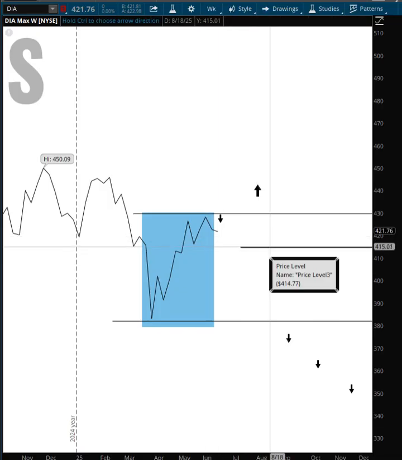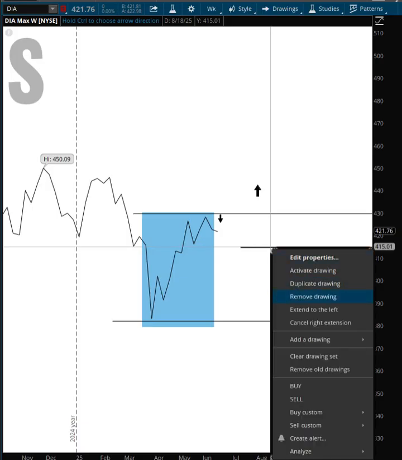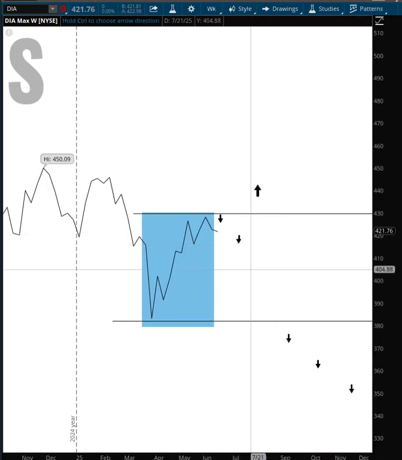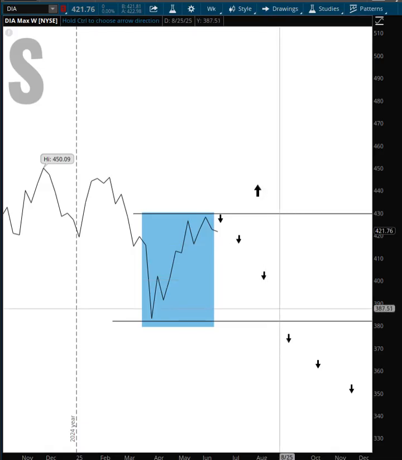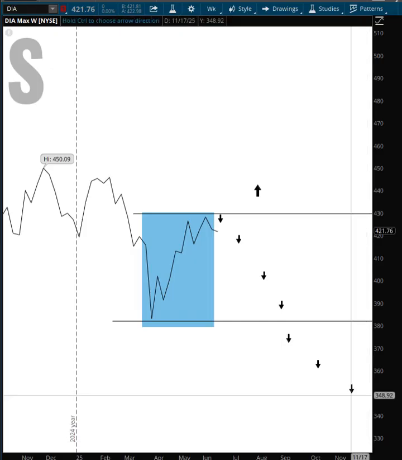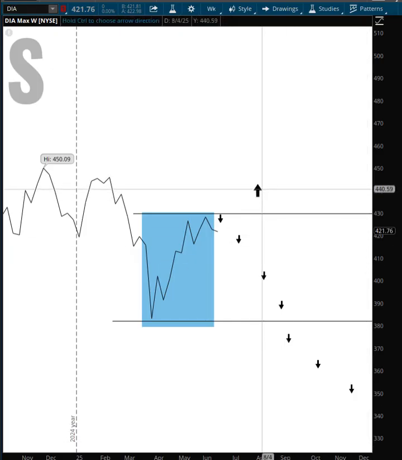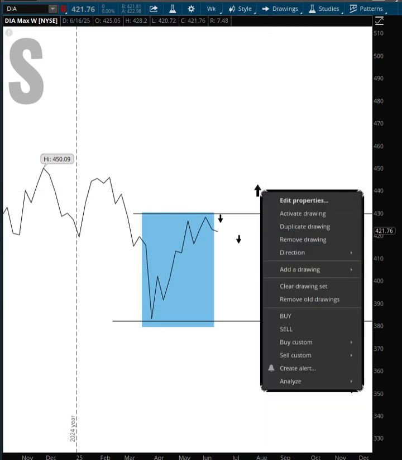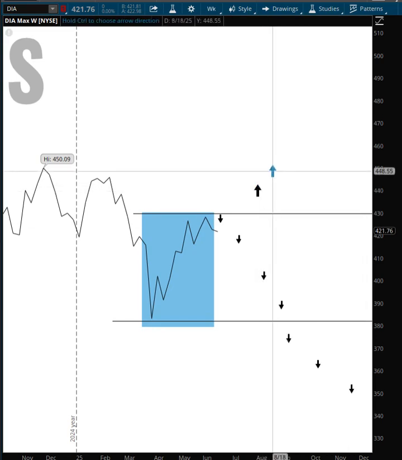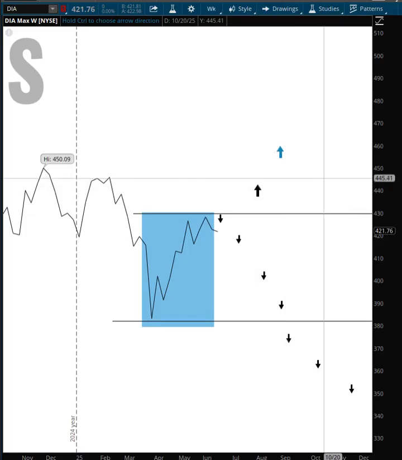Let's get rid of this line here, and what should happen is something like this. And again, if we break the top here, we can go higher.